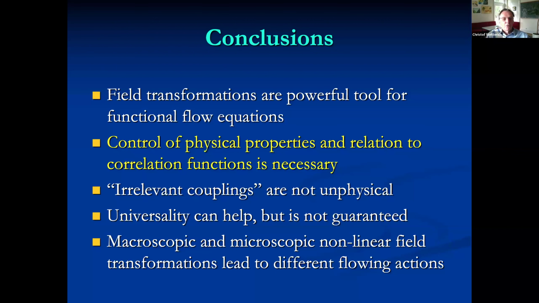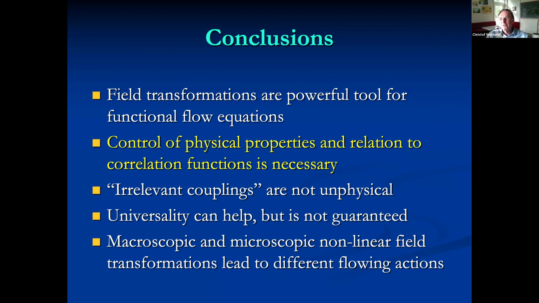At this point, I conclude. Field transformations are indeed a powerful tool for functional flow equations, but I think you really need to care about control of physical properties and the relation to correlation functions. Otherwise, you can get statements like the cosmological constant is irrelevant and can be discarded.